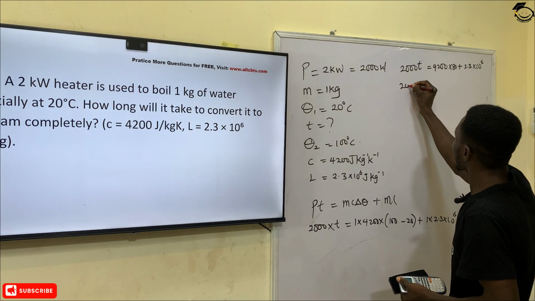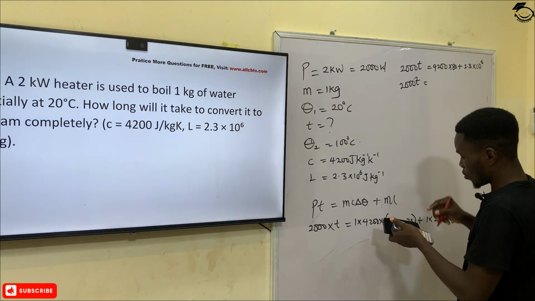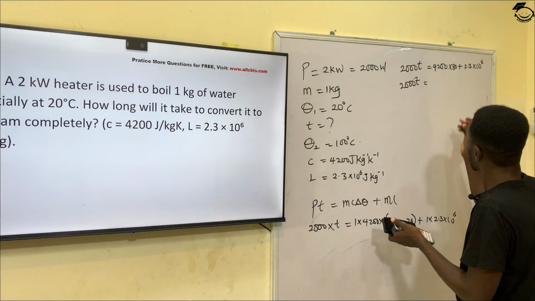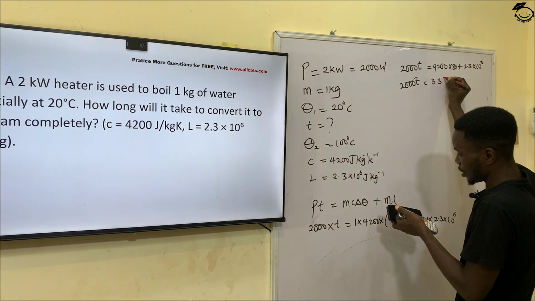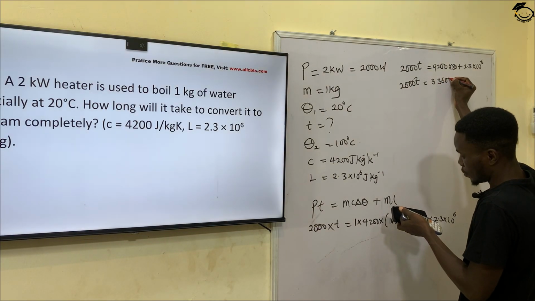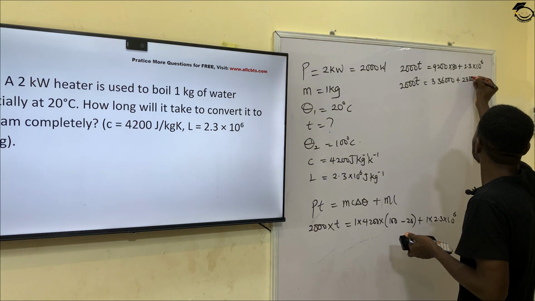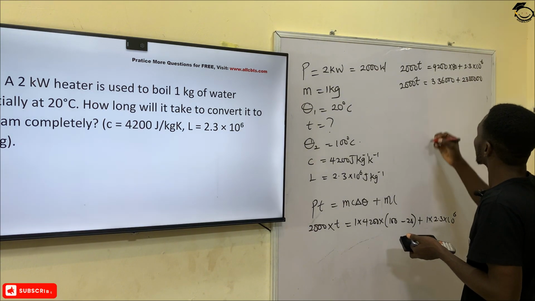So this will give me 2000 T equal to 4200 times 80, which gives 336,000, plus 2,300,000.